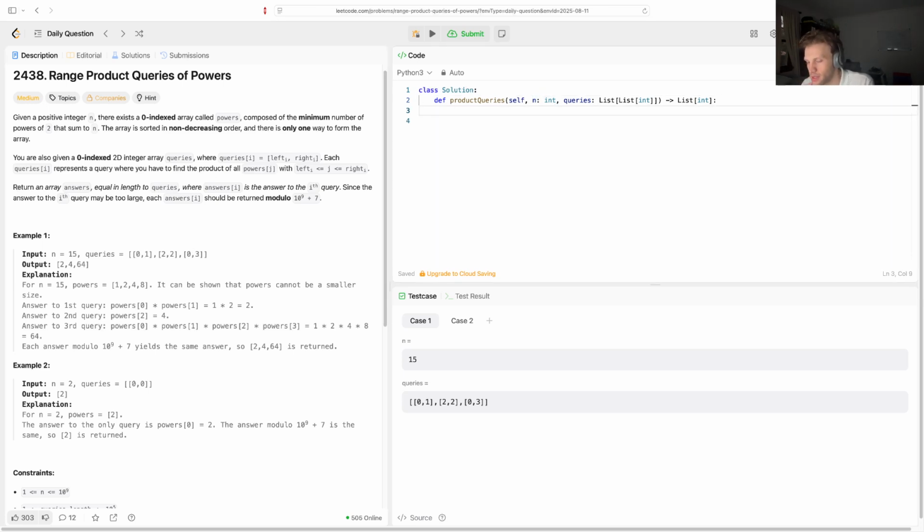Okay. Let's compute powers, I guess. I'll call it the sum so far.